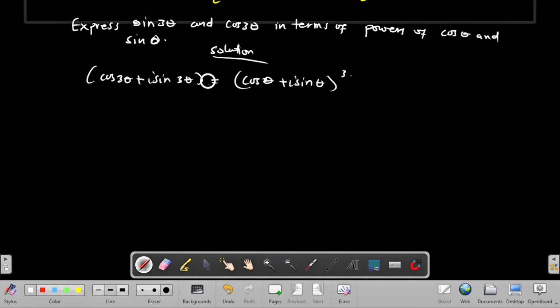So this is reverse de Moivre's theorem, right? De Moivre's theorem says that you can put your 3 as a power, and this is what we get.